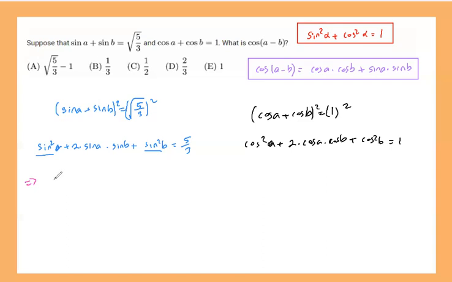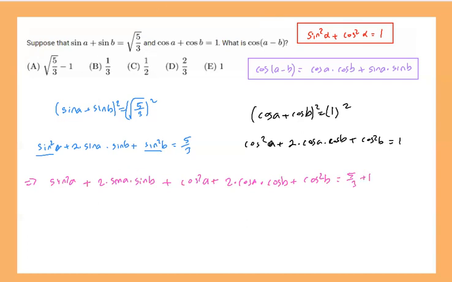Sine squared A plus, let's write in the same order, plus 2 times sine A sine B plus cosine squared A, 2 times cosine A times cosine B plus cosine squared B equals 5/3 and 1.